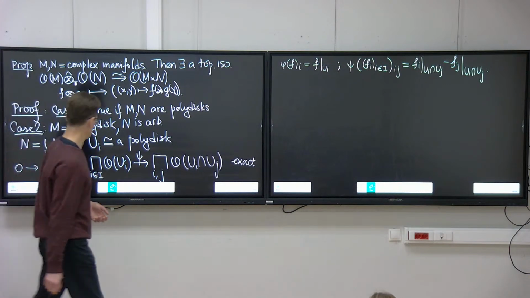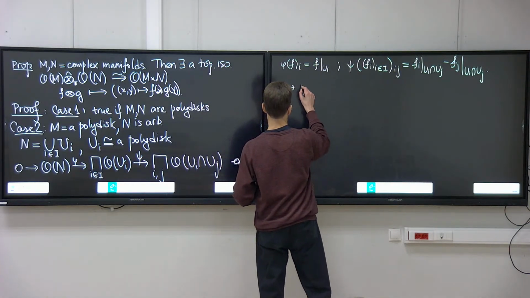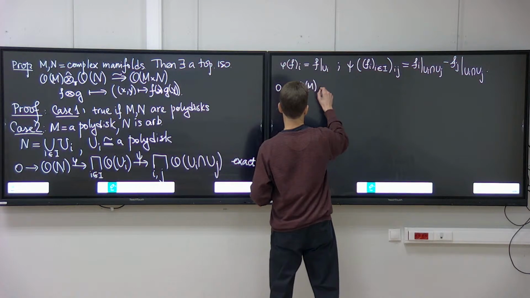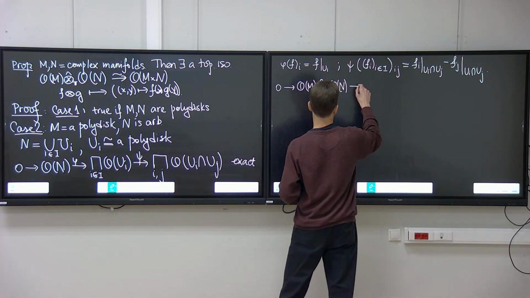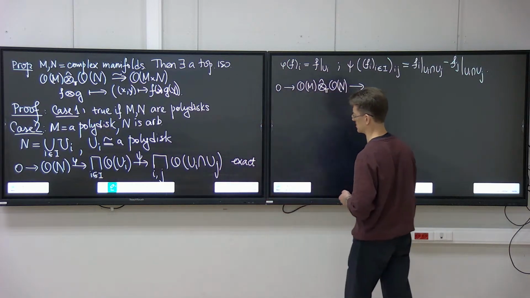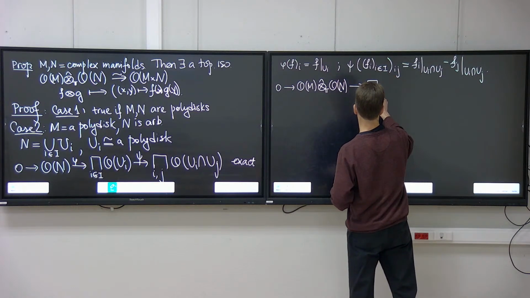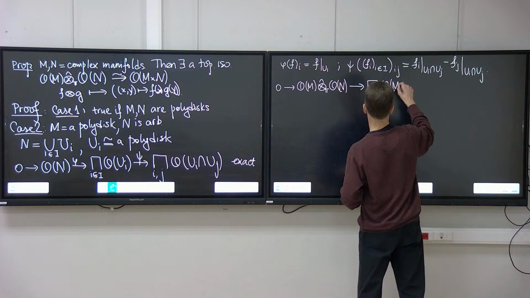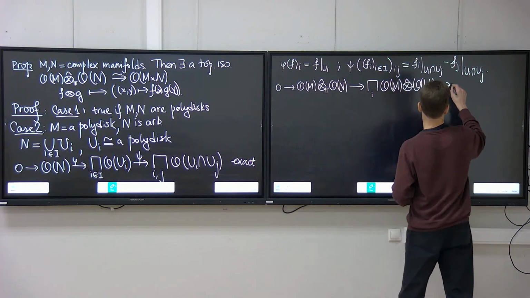So we take the tensor product of the sequence by O of M, and we get the following: O of M tensor O of N. Now we use the fact that the complete projective tensor product commutes with products. This was proved at the previous lecture. So we get this and this.